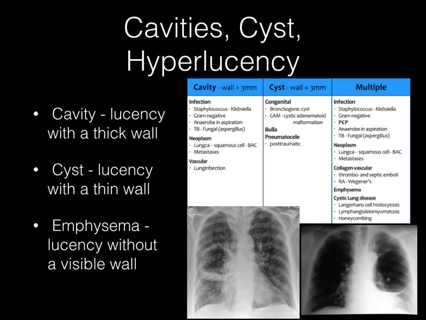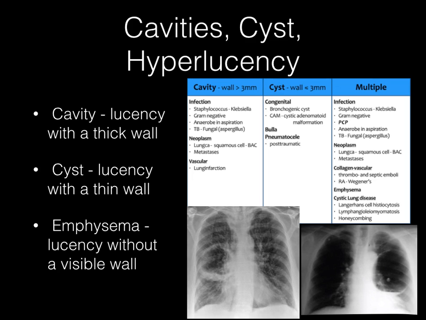Their differential diagnosis will include infections such as staphylococcal or Klebsiella infection, gram-negative infections, anaerobes in cases of aspiration, as well as tuberculosis and fungal infections. Neoplastic infiltrates, lung cancers, and metastases can also cavitate. Similarly, vascular disease such as lung infarctions can on occasions cavitate as well.